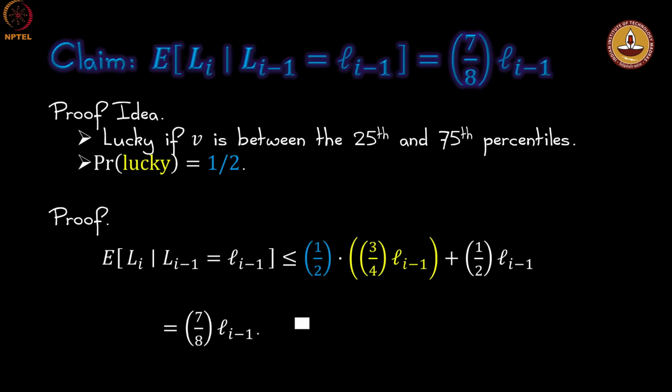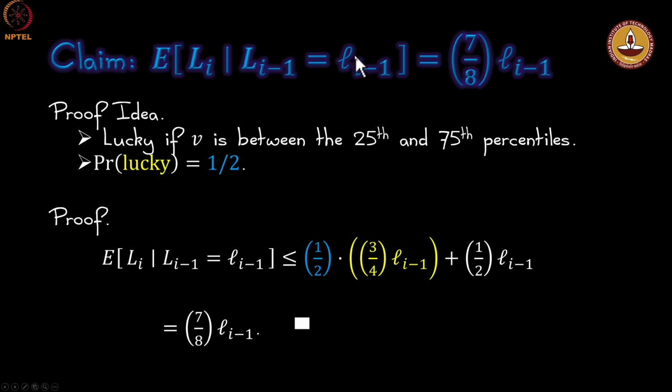Okay, so now let's make a claim. What we claim is that the expected size of the array at iteration i, that's Li, given that the size of the array in the previous iteration was some fixed L sub i minus 1, is going to be a fraction of the previous size, a fraction 7 over 8.